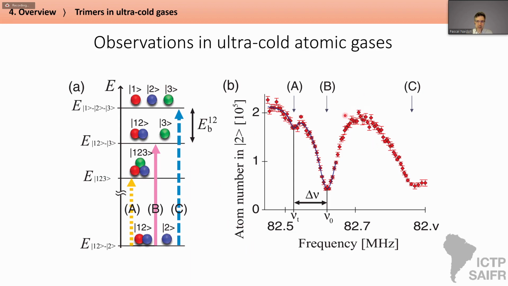What you would see now, if you image the number of remaining atoms in state 2, is a signal corresponding to this transition, the conversion of atom 2 to 3. Then you lose some atom 2, so you see some loss like this.